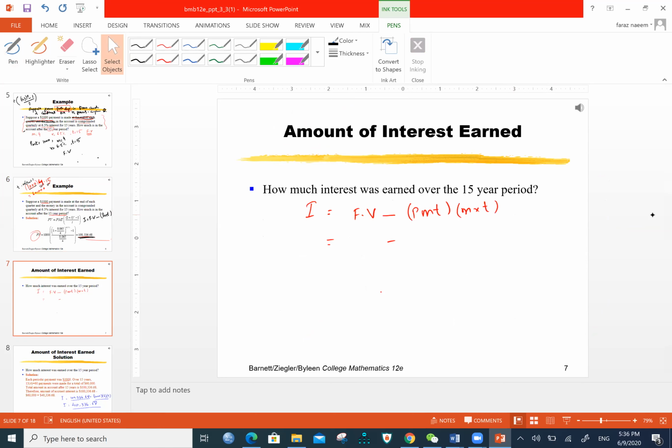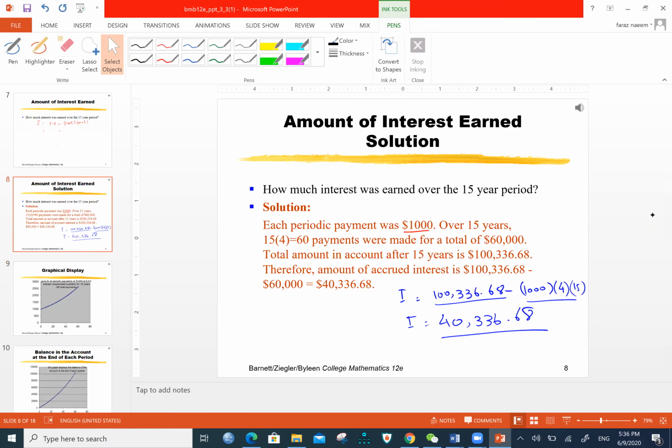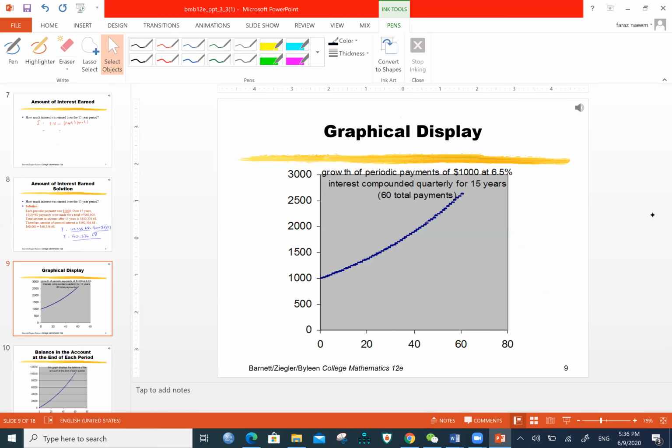I equals FV minus PMT times M times T. Is this formula the same for all problems, like FV equals PMT times 1 plus I and so on? It is only for the case of calculating interest, with the future value. Okay, it's fine. Just trying to follow.